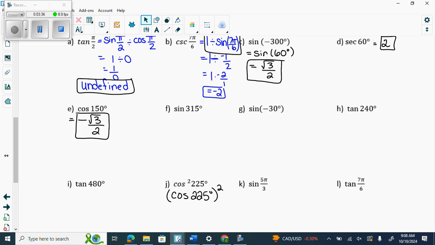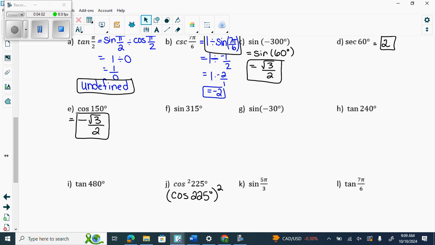We're practicing with our calculators. Cos 150. And you should get negative 0.8660, and so on, right?